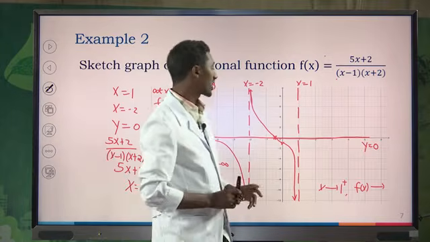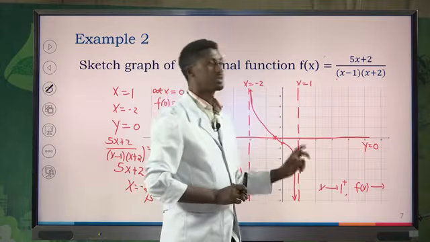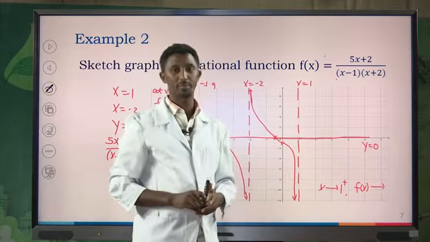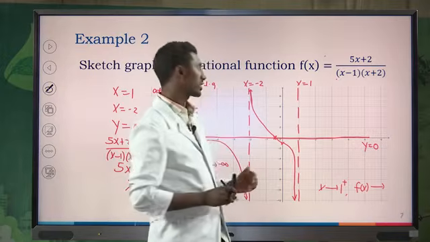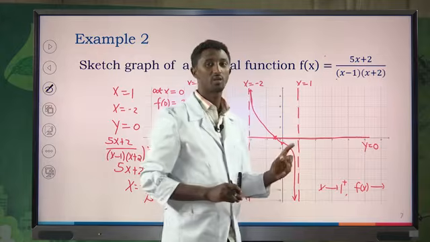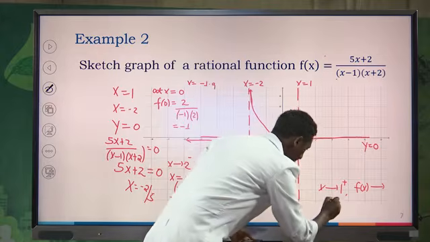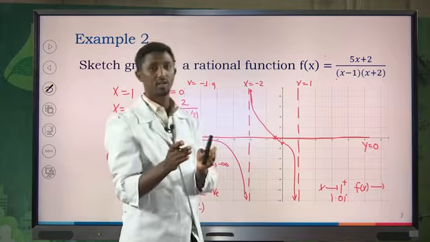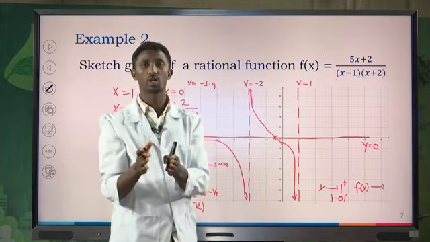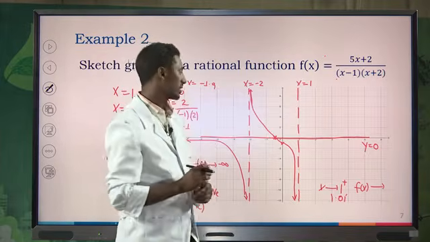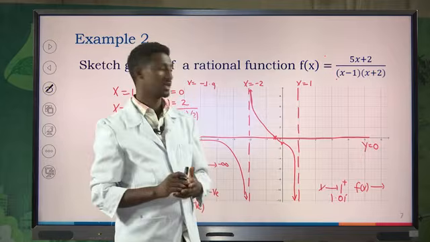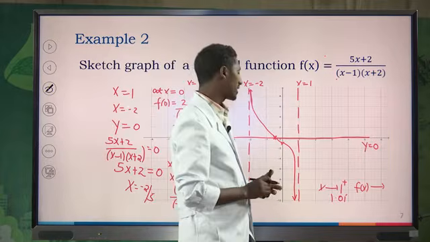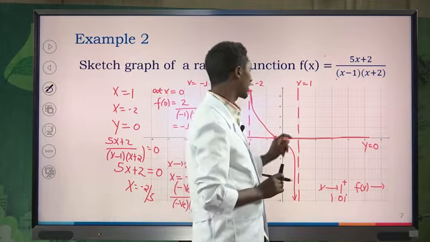When x is closer to 1 from the right, substitute some number which is closer to 1 from the right. Let's consider 1.01. It's advised to take a number which is very close to the vertical line. Our objective is to check only the sign of the quotient, not the magnitude.